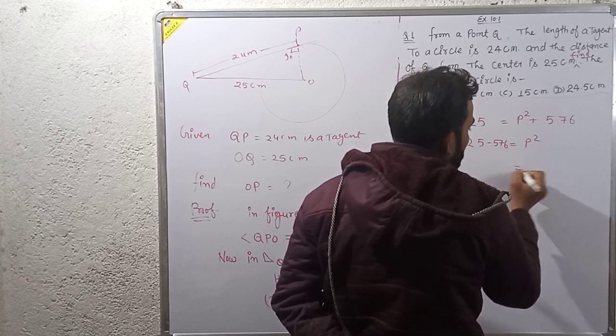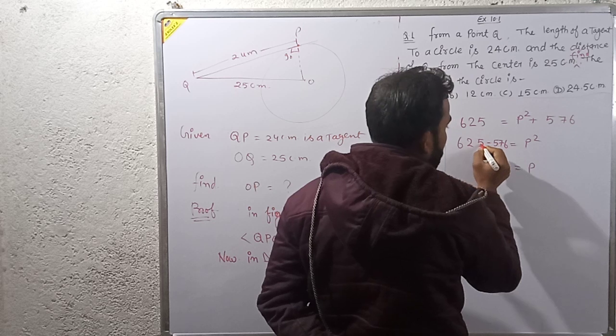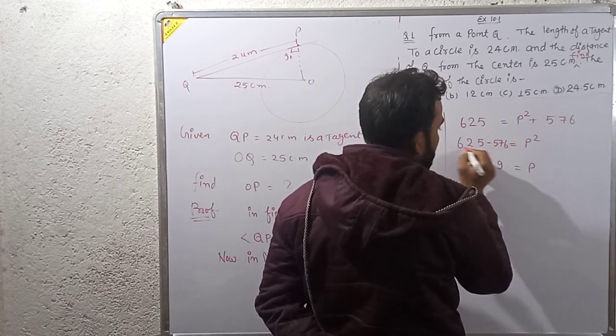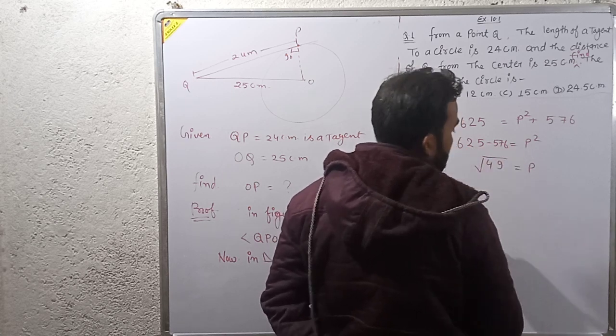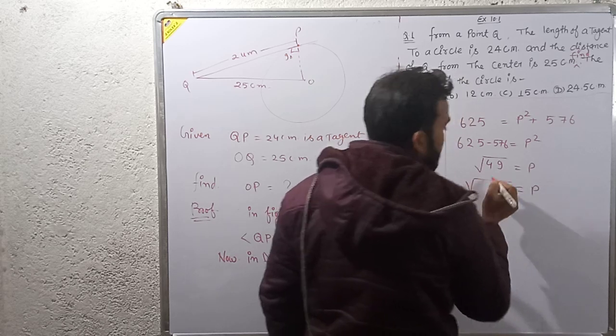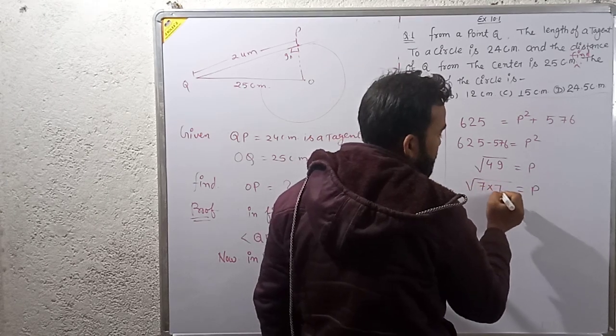p square is equal to 49, root of 49. So p is equal to root of, we find the factors of 49, it will be 7 multiplied by 7.